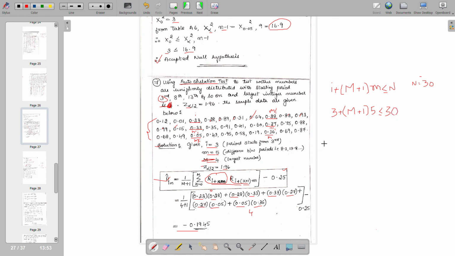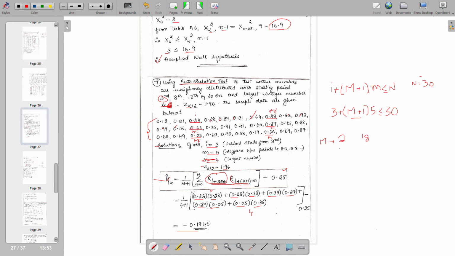I will assume uppercase M value as 2. Then substitute in the equation: 2 plus 1 is 3, 3 into 5 is 15, 15 plus 3 is 18. 18 is less than 30, yes, true.